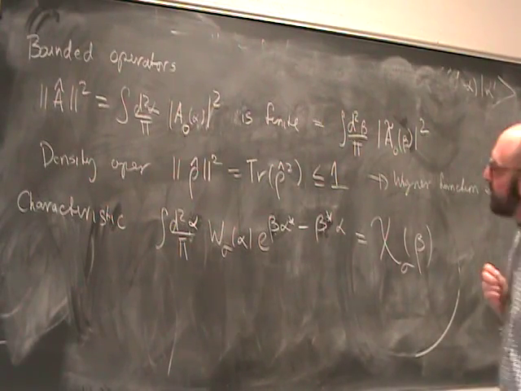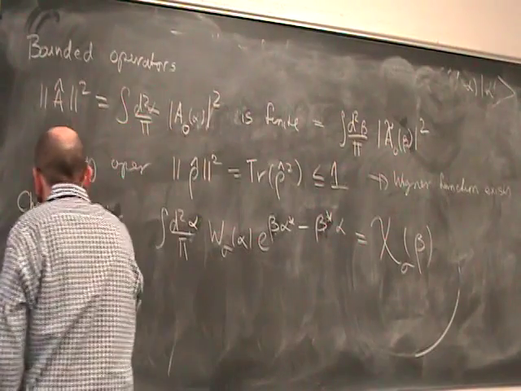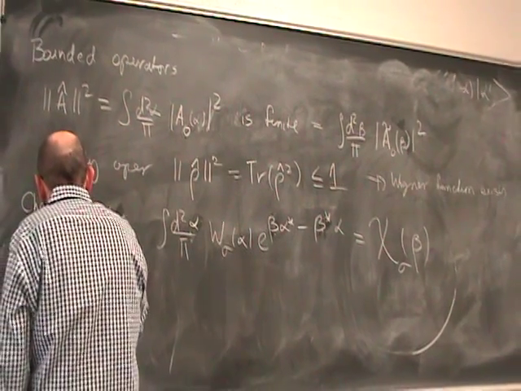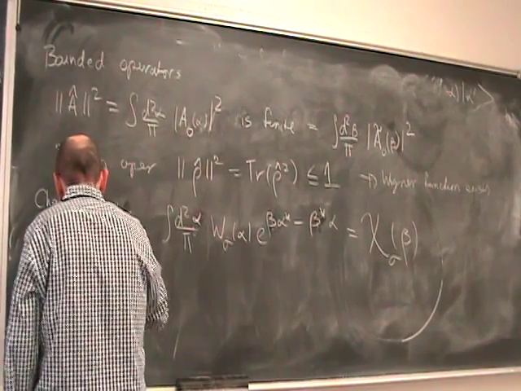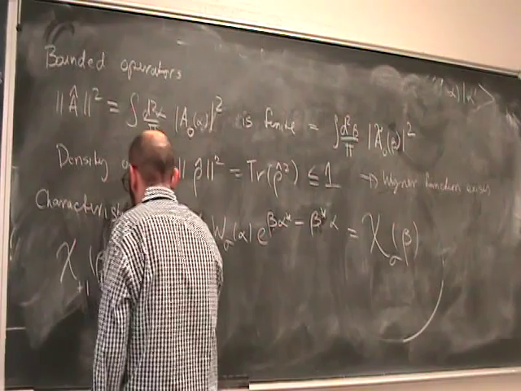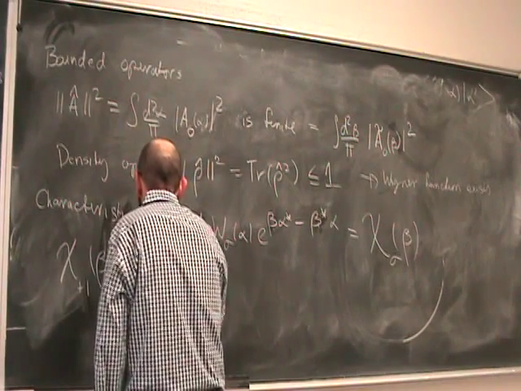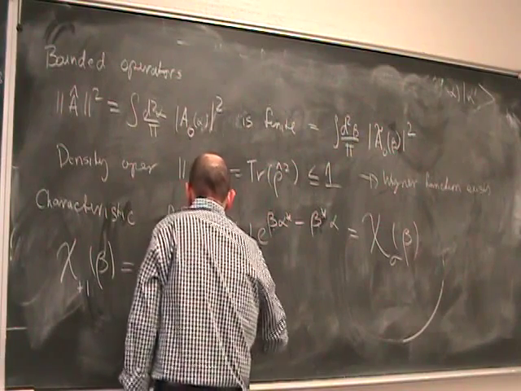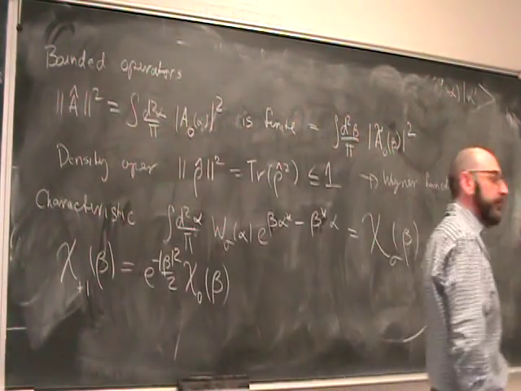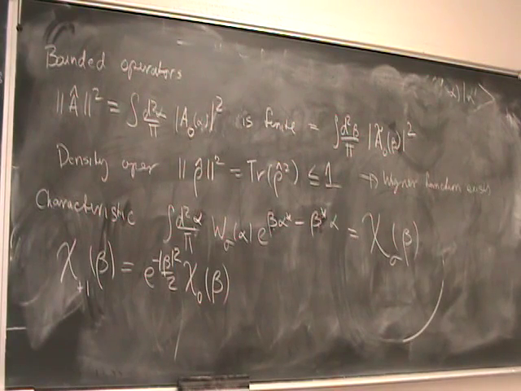What we discussed last time was that the characteristic function associated with the Q function is related to the characteristic function of the Wigner function by this exponential factor. Last time it turns out you defined W sigma with the pi and not chi.